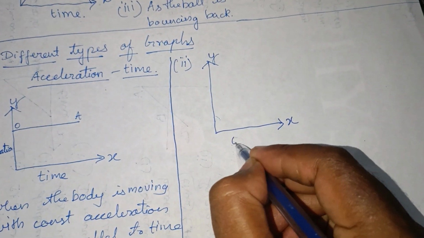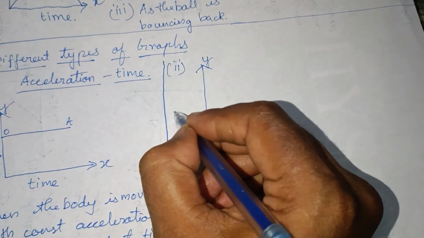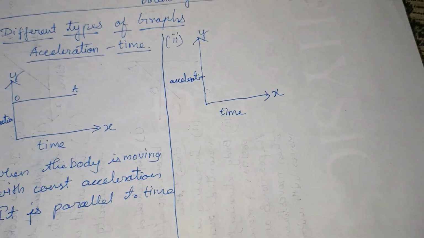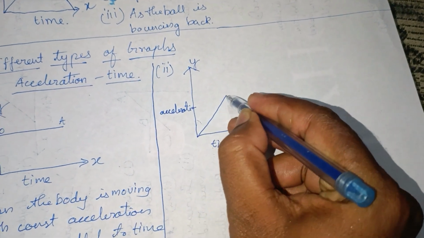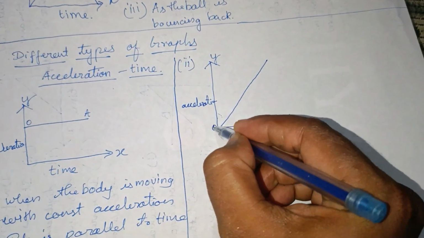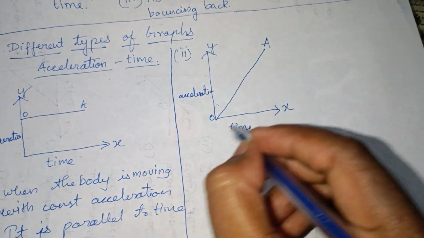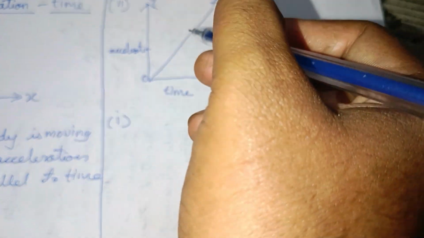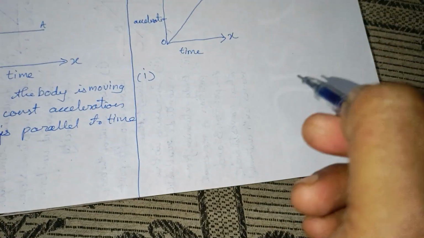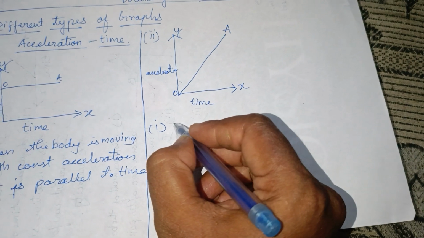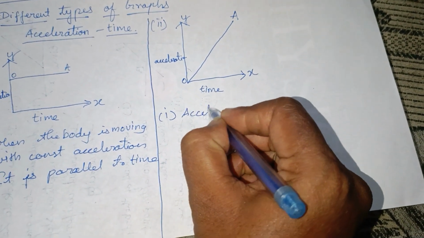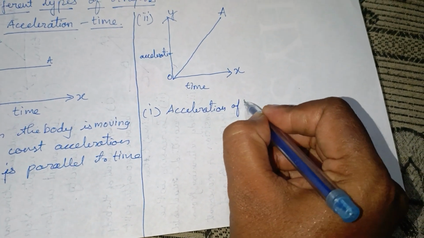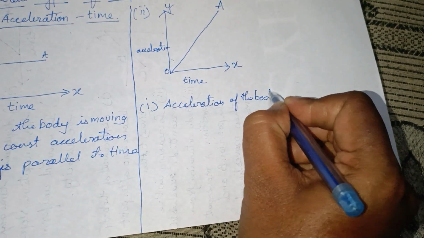In the x component we are going to talk about time, and in the y component we are going to talk about acceleration. Here it is a straight line graph, and this is the origin O, this is A. The very first point is that the acceleration of the body increases.